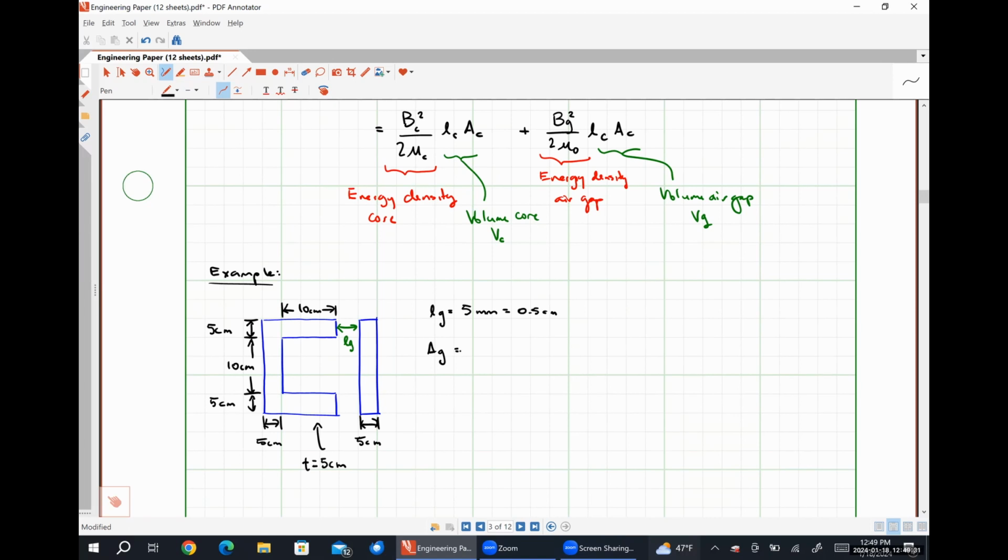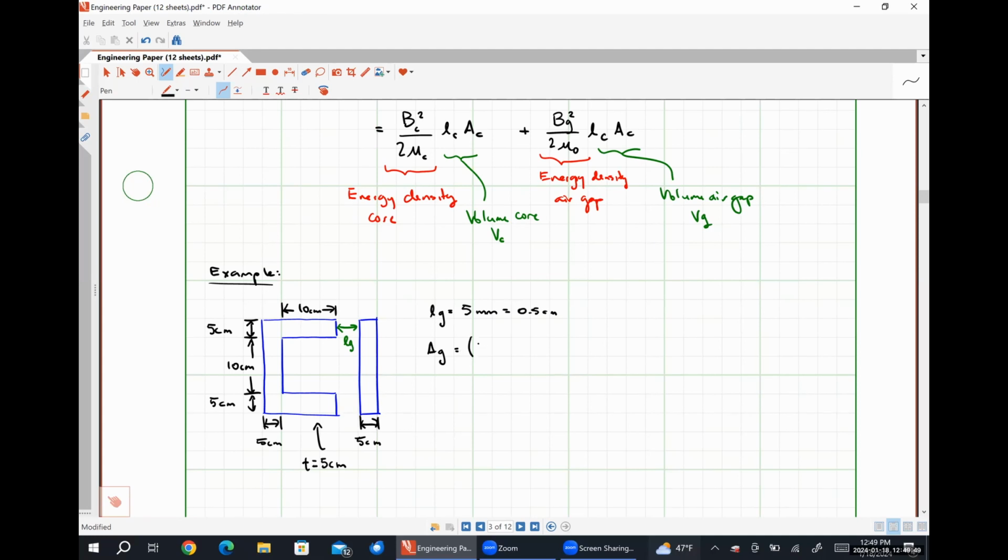It'll be the height of 5 centimeters plus a gap length times the thickness of 5 centimeters plus a gap length.